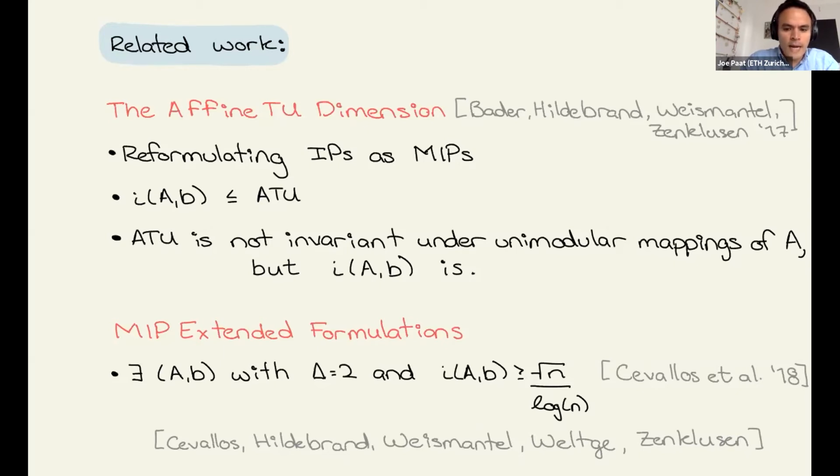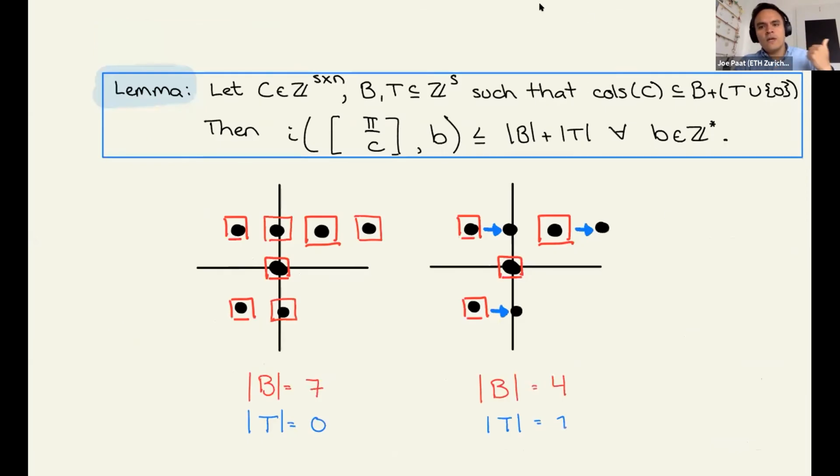So how do we go about bounding the integrality number? Well, we use the following helpful lemma, which, as we'll see in a moment, is a generalization of variable aggregation. Suppose you have a matrix C, and you have sets B and T, such that the set of unique columns of C is contained inside the Minkowski sum B plus T. C can have many, many columns; think of n as much bigger than the number of unique columns.